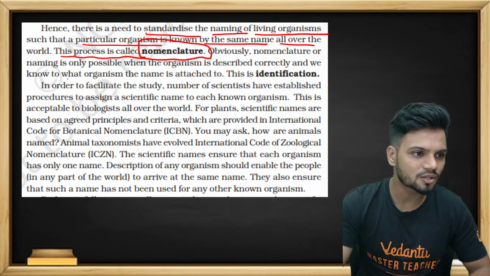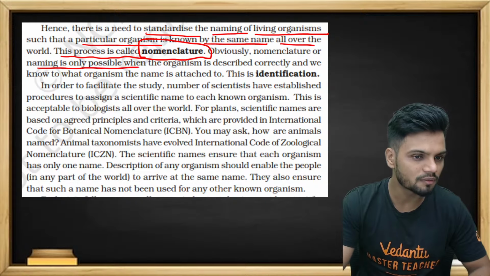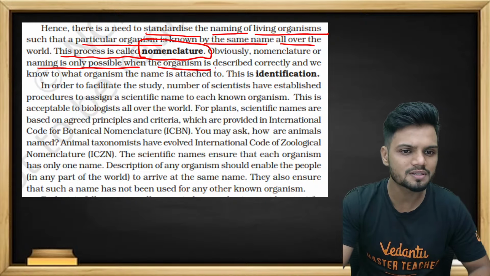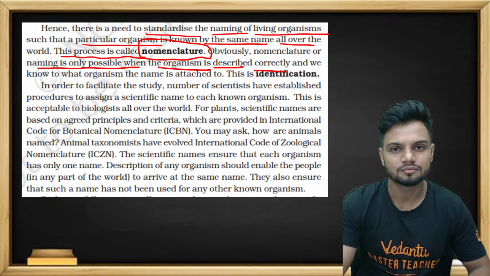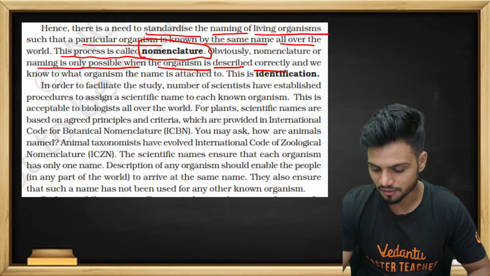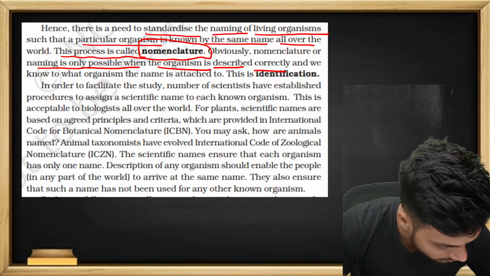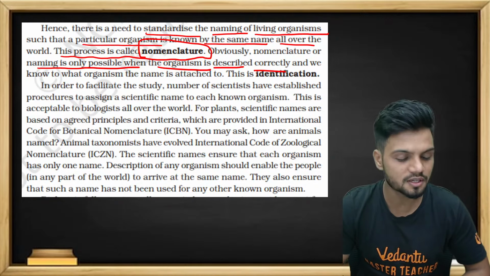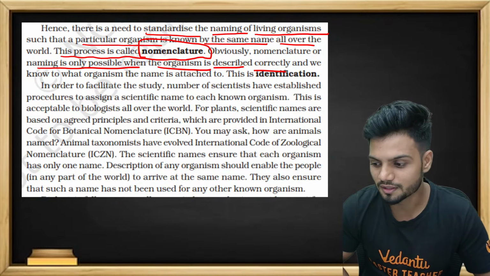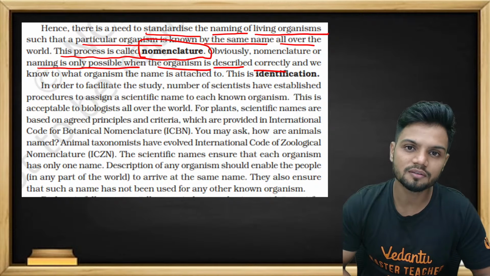Obviously, nomenclature or naming is only possible when the organism is described correctly, right? For example, if I ask VRJ, in the student is there, identify VRJ.